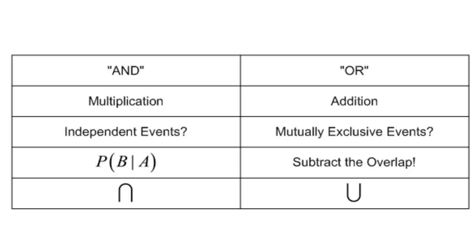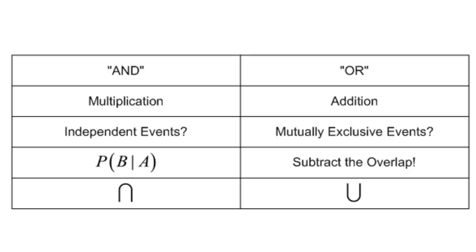And we have to worry about the probability or the number of ways that B can occur given that A has already happened. For instance, in that camping example where our afternoon choice was affected by our morning choice. And that upside down U symbolizes the and or the intersection of those 2 events.